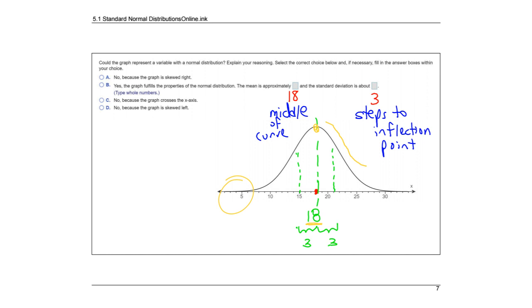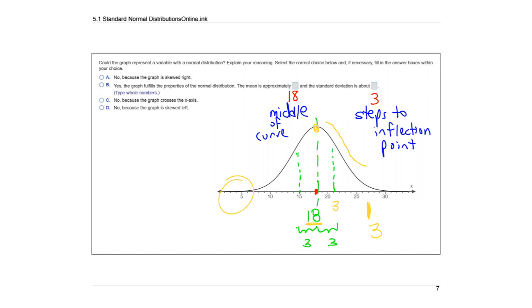So what's easier to do is guess about where 1 standard deviation is away. If we pick 3, let's add 3 and see where we end up. So 18 plus 3 would get us to 21, plus 3 is 24, plus 3 is 27. And this looks about right for being 3 standard deviations away.